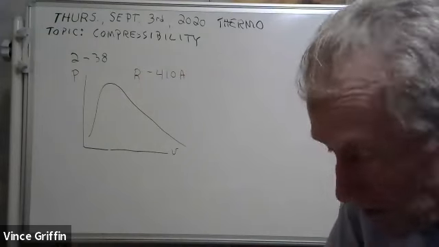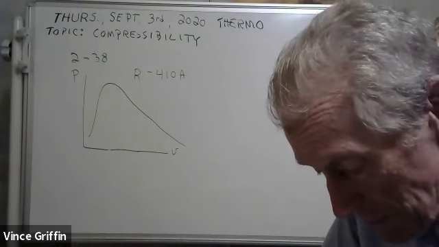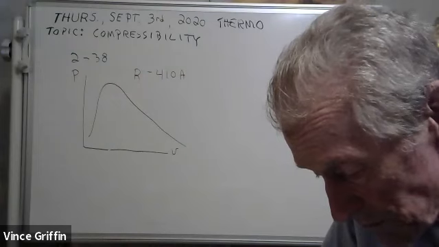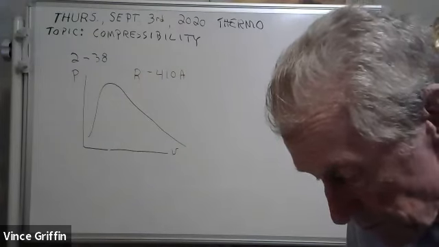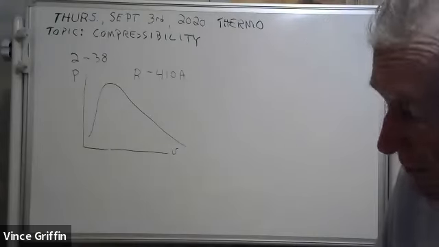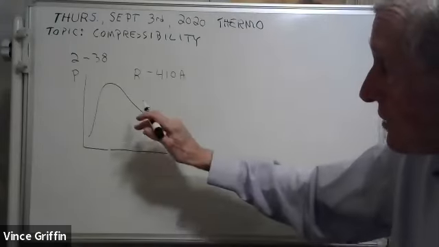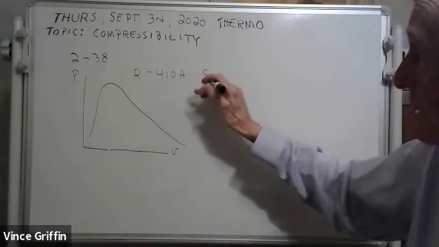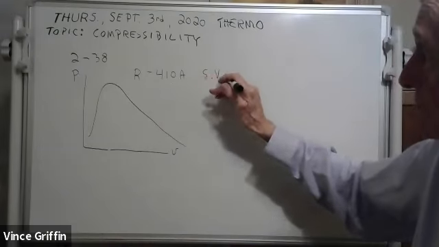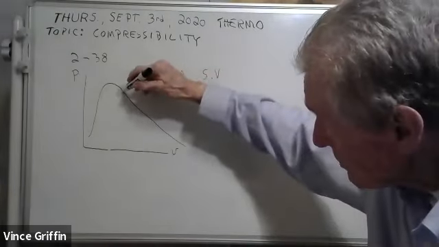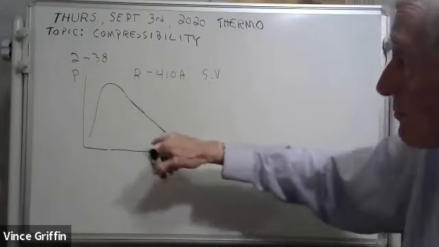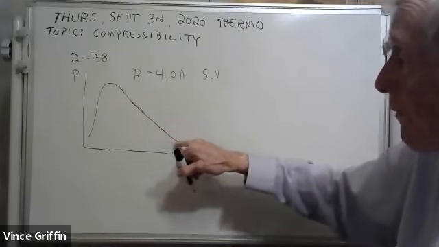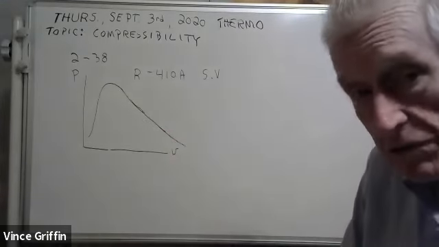It's a hydrocarbon refrigerant. It's at 60 degrees, and it's saturated vapor. Now we know what saturated vapor is. That means it's on this line here. We are someplace on the saturated vapor line.